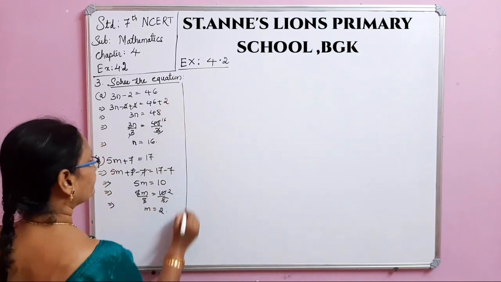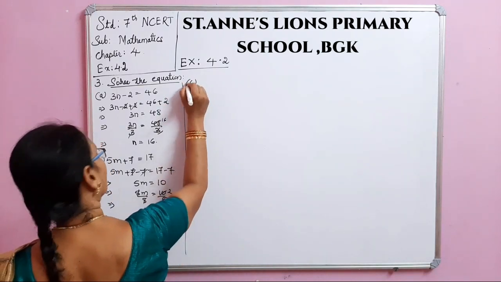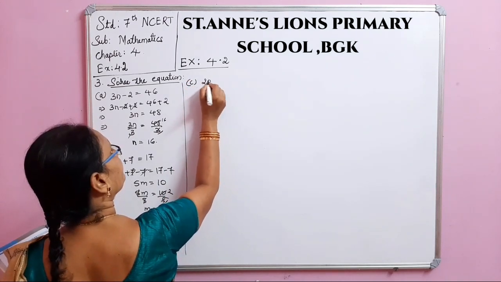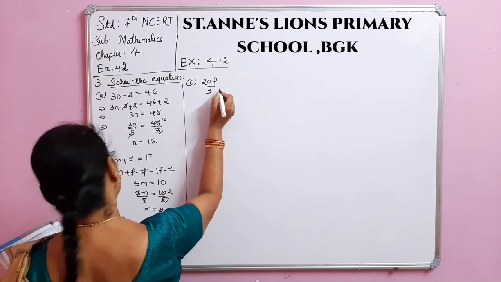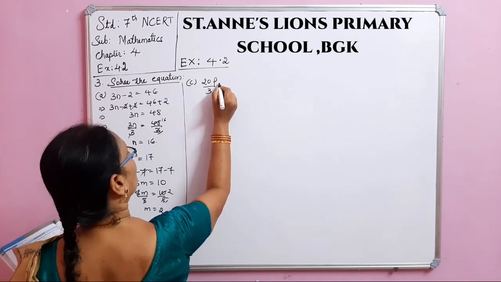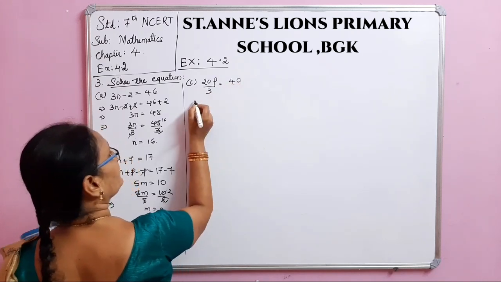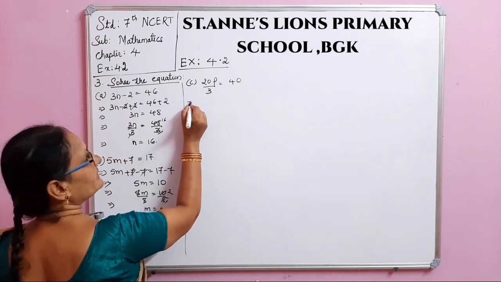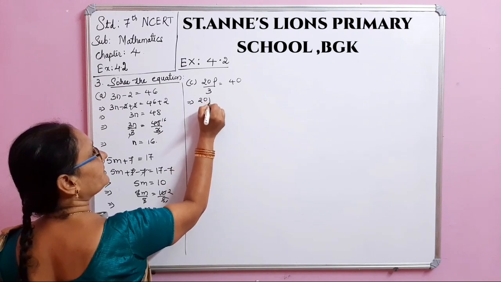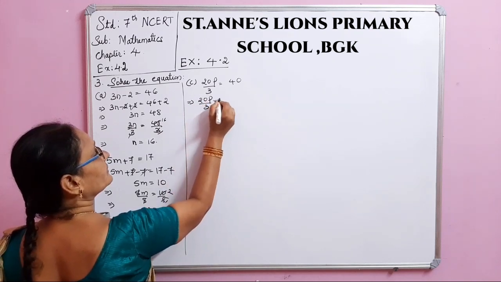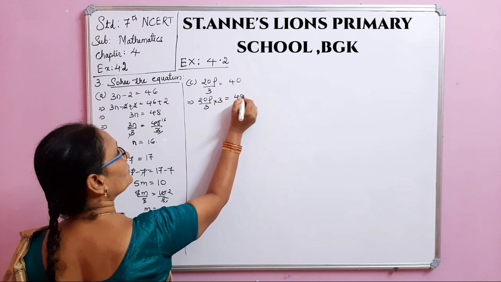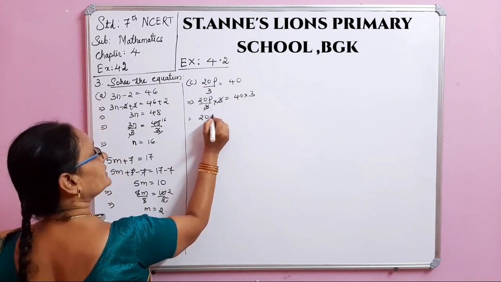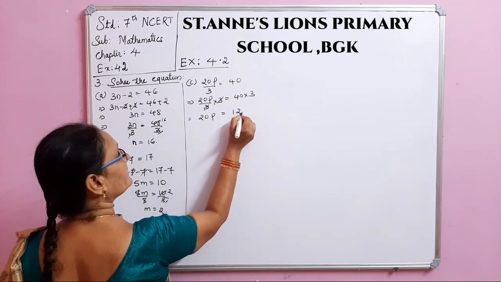Then next, see, 20p by 3 is equal to 40. First, here division is there, so we take multiplication. 20p by 3 into 3 is equal to 40 into 3. 3 got cancelled. 20p is equal to 120.